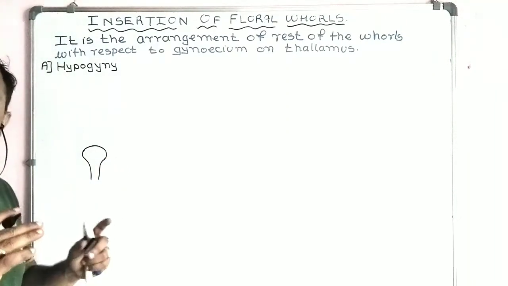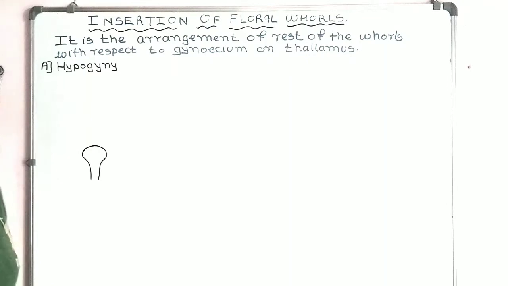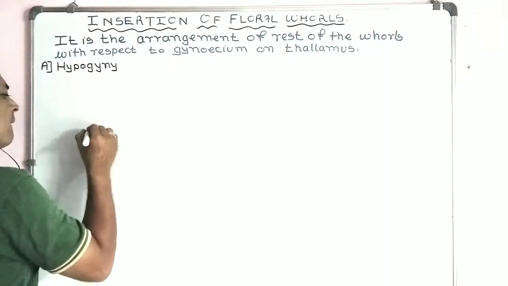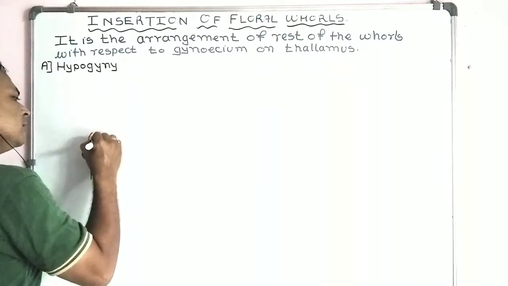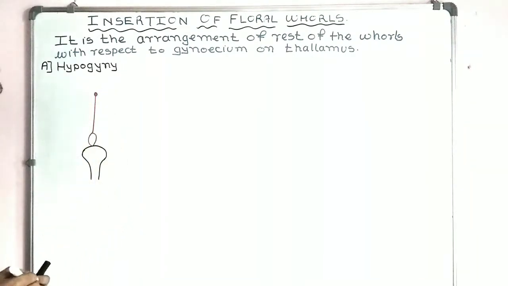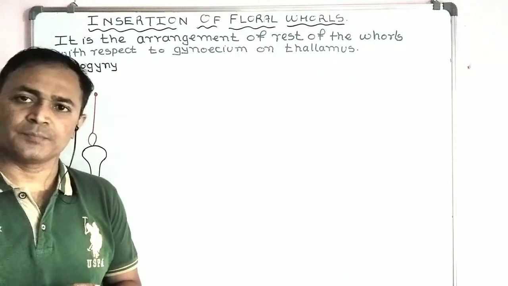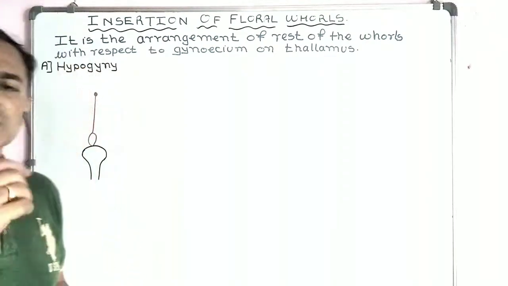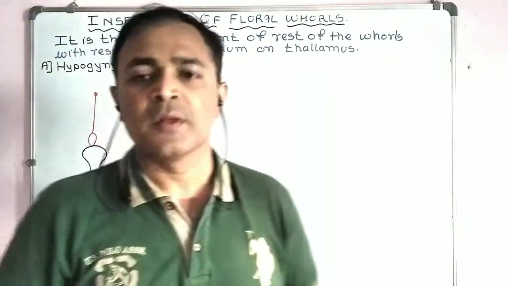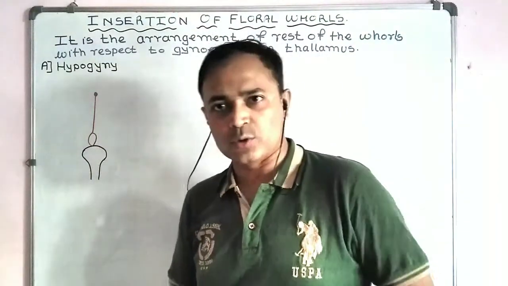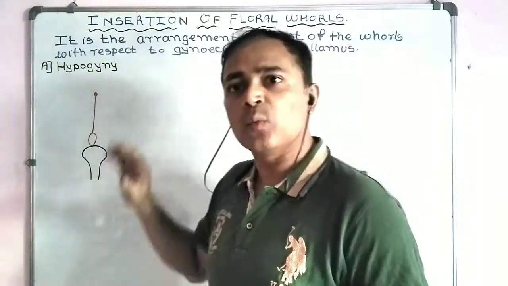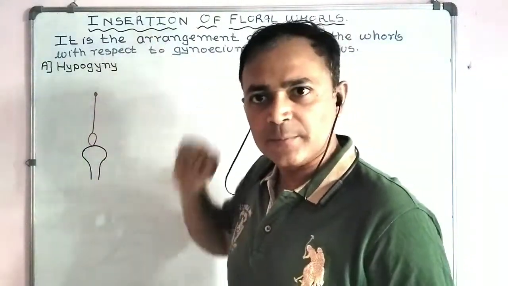This slope is a convex slope, and this is the gynoecium. As per the definition, arrangement of rest of the whorls. Rest of the whorls means calyx, corolla and androecium. Let us see how they are arranged here and why such a name is given.